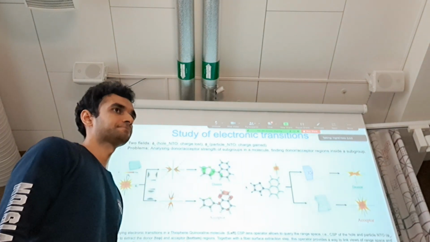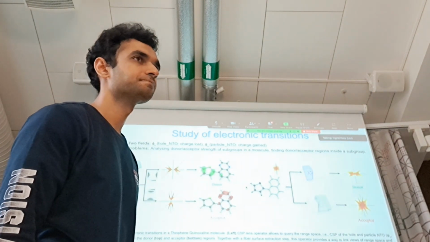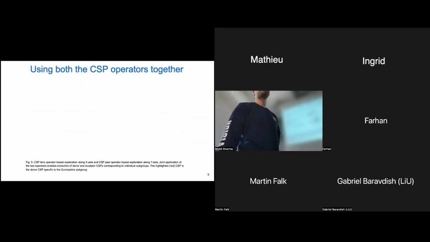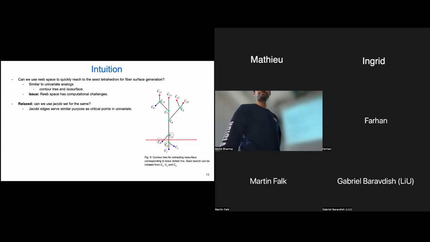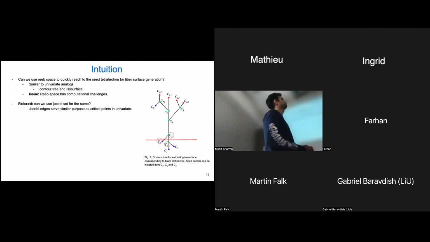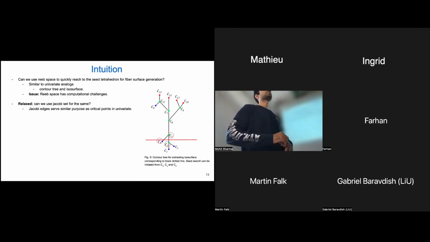You had this nice picture in correspondence with the contour tree, where you draw this line and say, okay, here, exactly, I have two components for my isosurface, and I probably want to select this and that. Yep. And you draw this analogy. Do you have an idea about how many components your fiber surface would have without computing the entire Reeb graph?